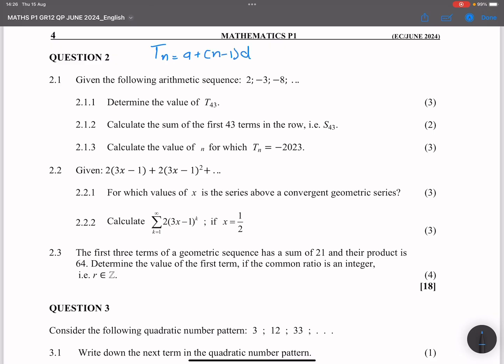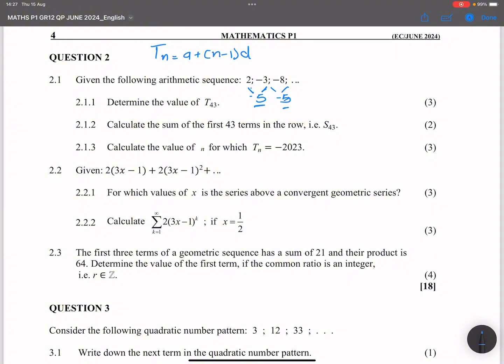So we know that our a value will be 2, and to get our common difference, we will simply say t2 minus t1. So -3 minus 2 will give us -5, and you'll see that this is the same if I say t3 minus t2, that will also give us -5. So our common difference is -5.